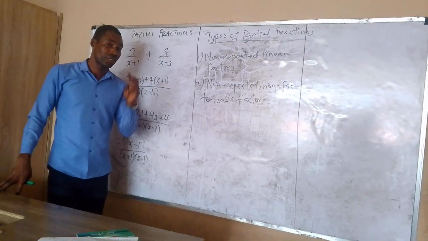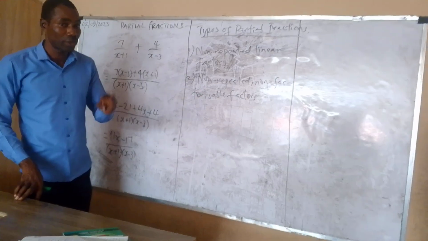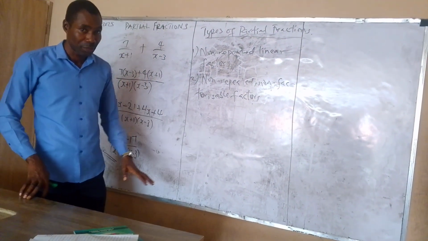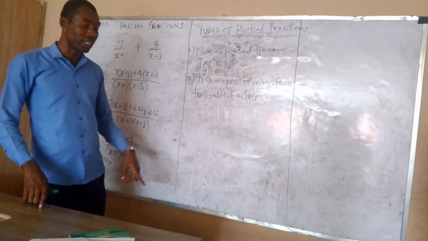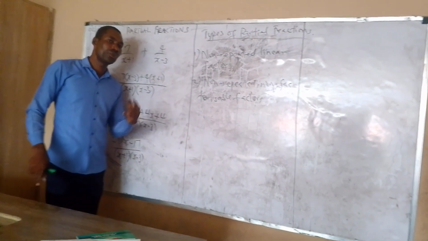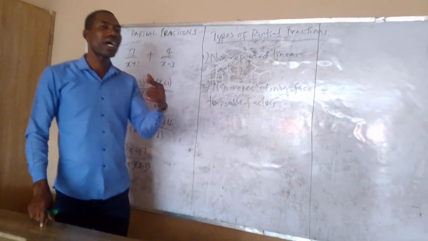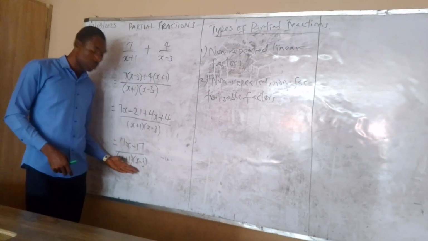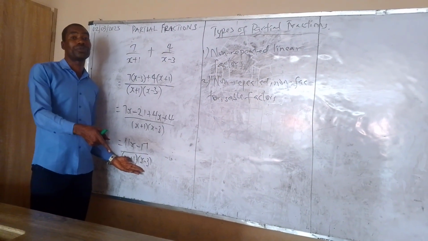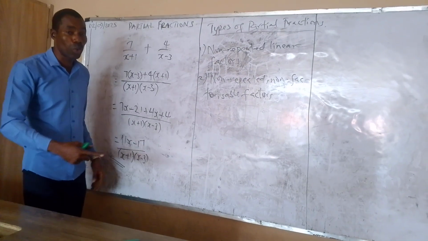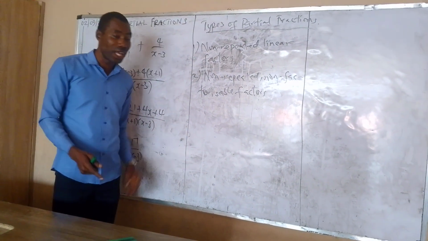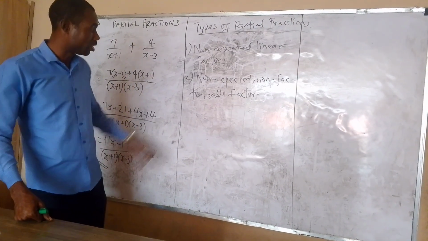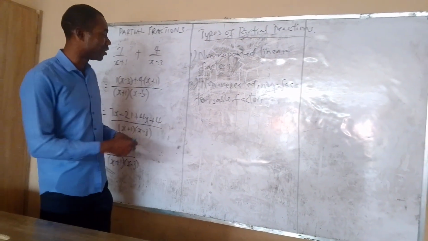It can be a quadratic factor, cubic factor, or any higher degree of polynomial, but not linear, and it will be non-repeated. And that factor given to you will not be factorizable, because if I can factorize it, it will give me something like this, a linear factor. But if I cannot factorize the quadratic factor given to me, how do I split it into a partial fraction? When we get to that stage, we'll talk about that.